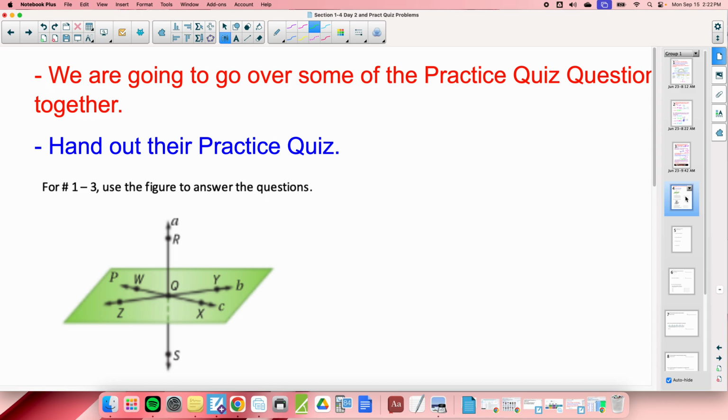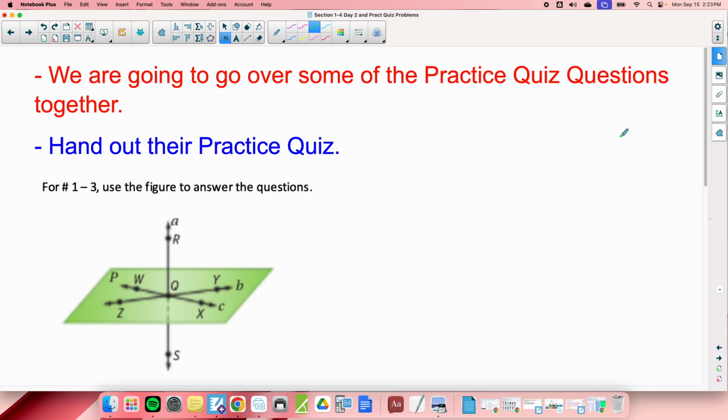If you look over the first page, do you feel pretty confident that you could do those types of problems? Is there any that you would like me to do on that first page? Number one.